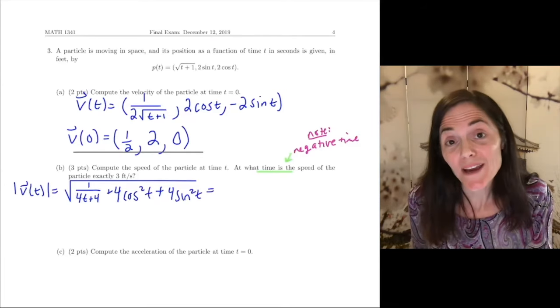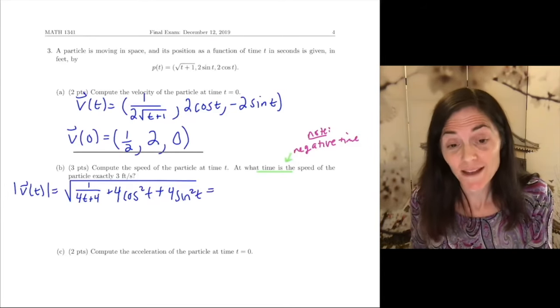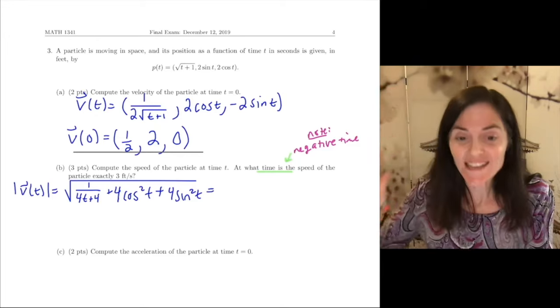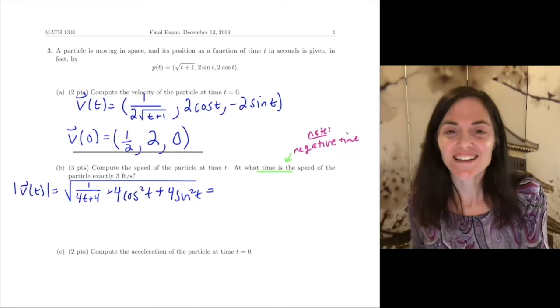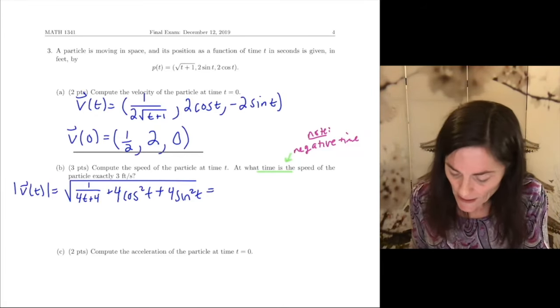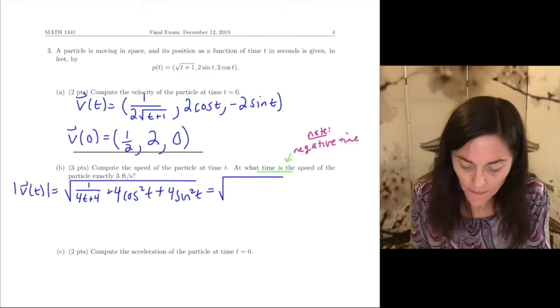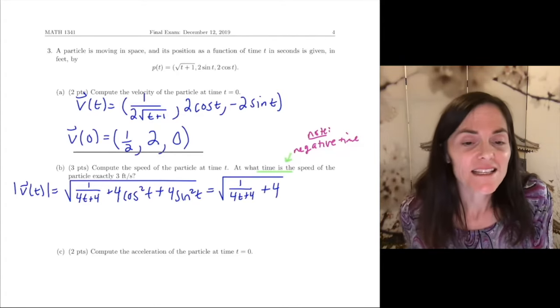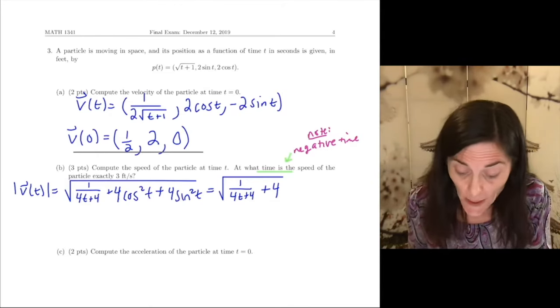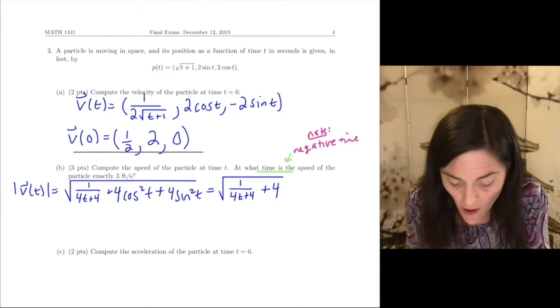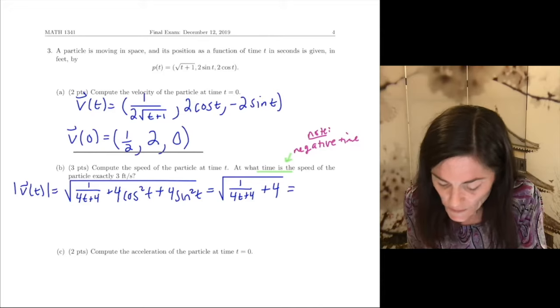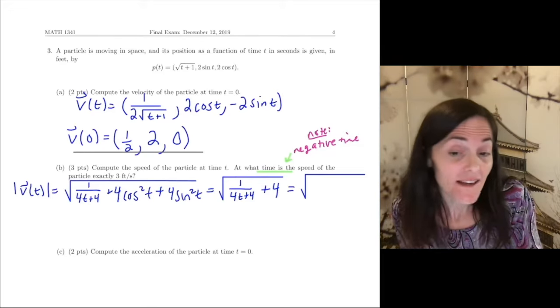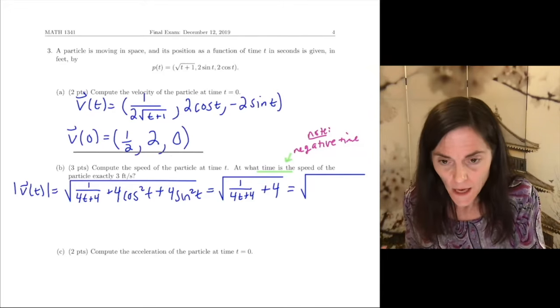Now, sine squared plus cosine squared is 1. And so 4 cosine squared plus 4 sine squared is 4. So we get the following for the speed. This is fine to leave as the final answer for the speed, but because I will be solving when is the speed equal to 3, I'm going to get a common denominator.